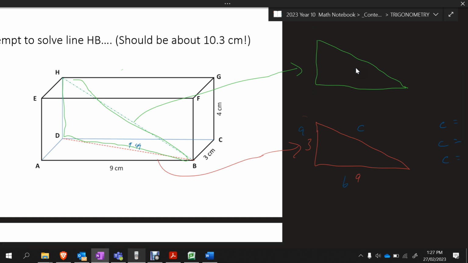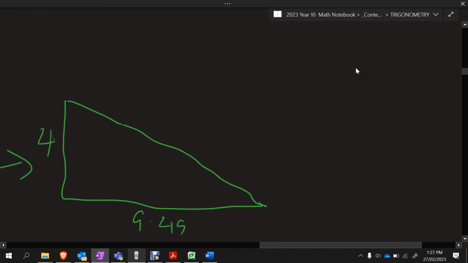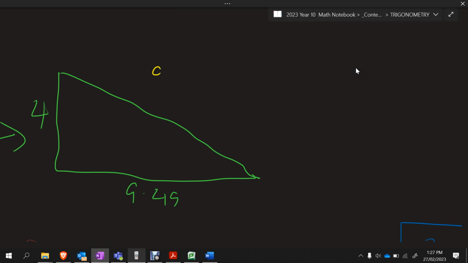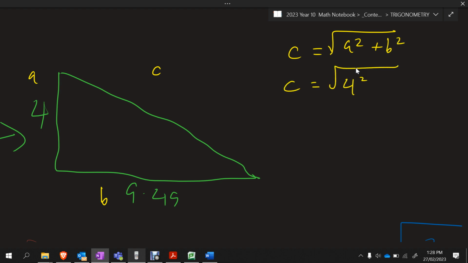And what's the bottom length? 9.49. And again, this is the same as doing that C formula once again. That's C, that's A, that's B. So C is equal to the square root of 4 squared plus 9.49 squared.